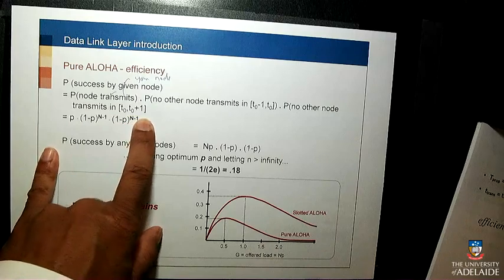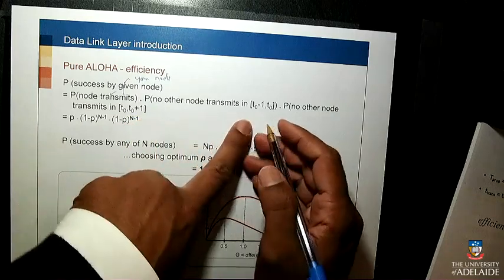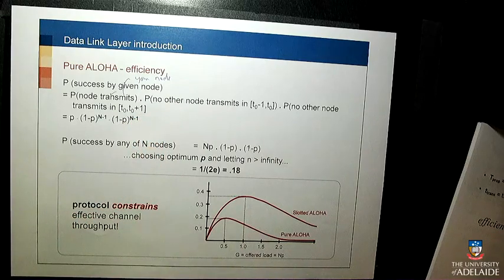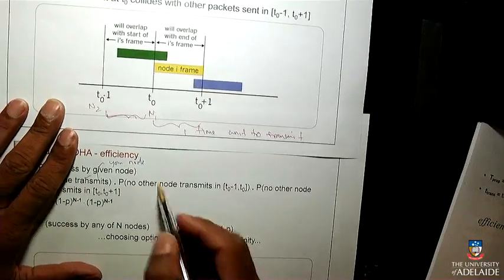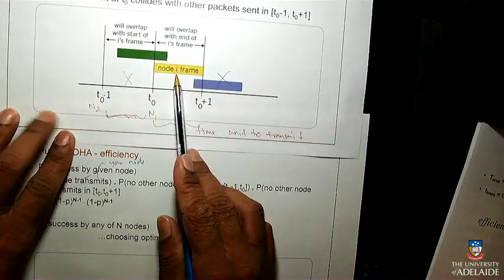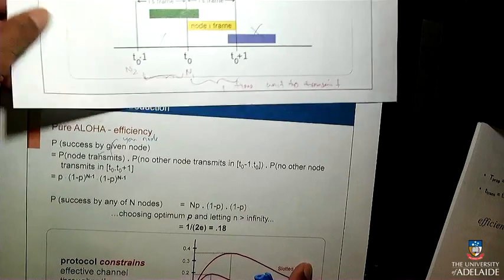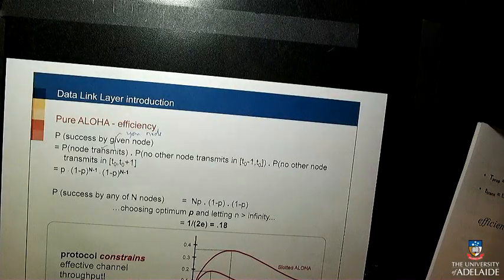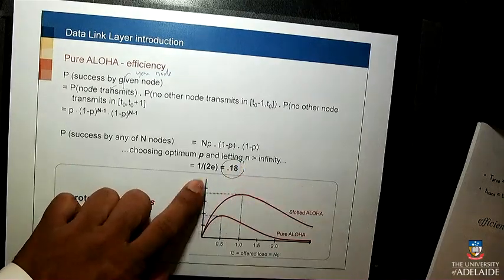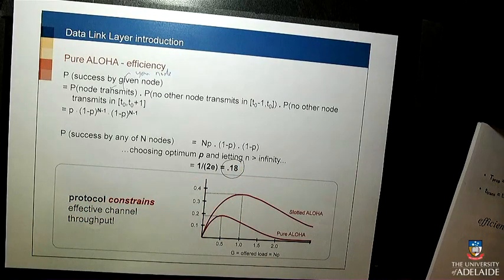So you want to make sure nothing is sent before or after you. If you do this, efficiency is now about 18%, half of what you had before.